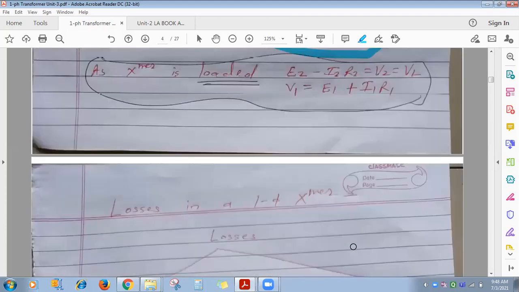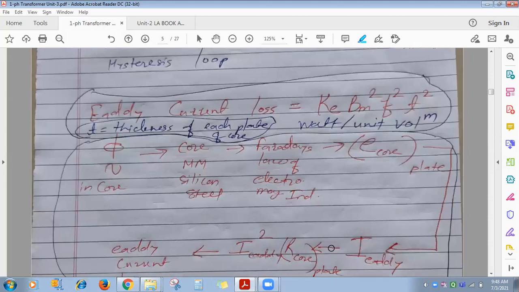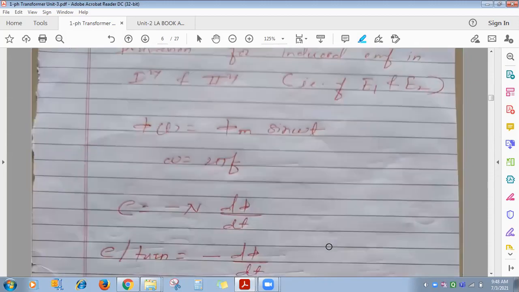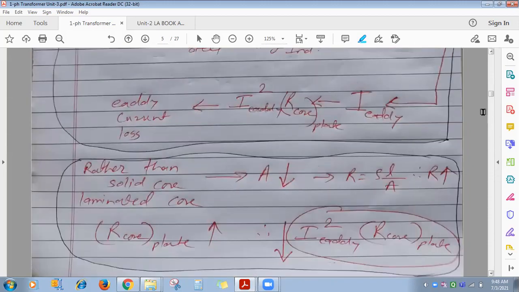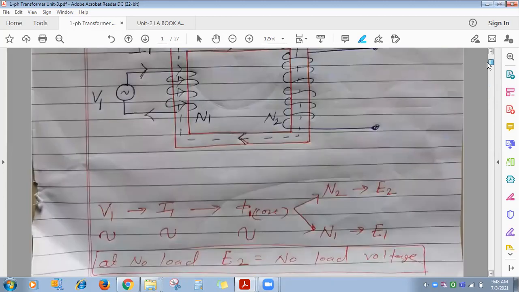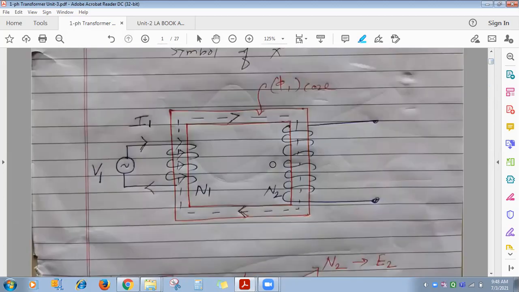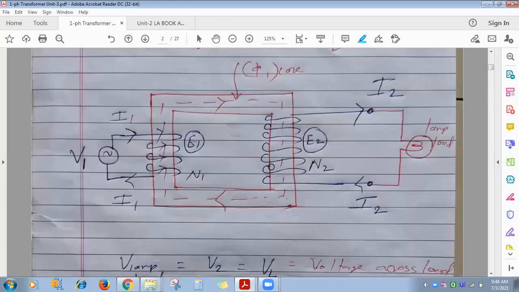Okay. Now we'll derive the expressions for E1 and E2. E1 is the self-induced EMF and E2 is the mutually induced EMF. We'll show this image again. See here, N1 and N2 are the primary and secondary winding turns. Their copper resistances are R1 and R2. V1 is the applied voltage across the primary, and I1, I2 are the currents flowing through the primary and secondary windings.